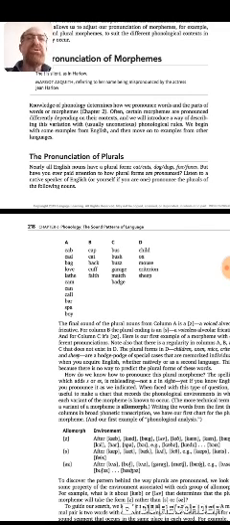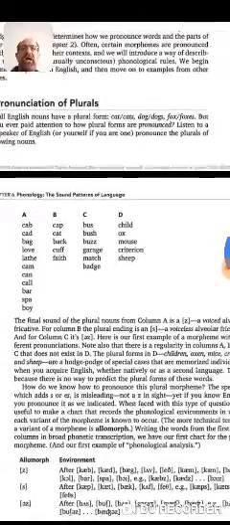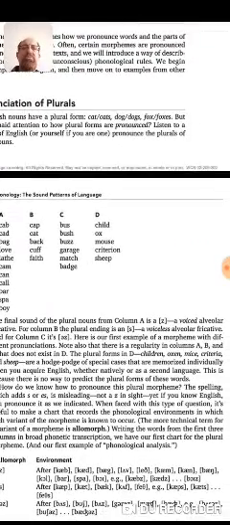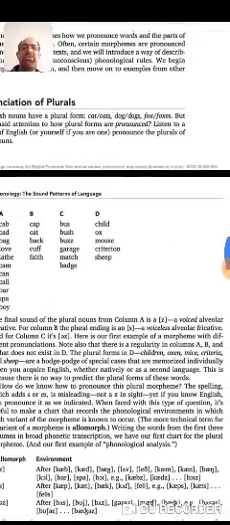Let us read it. It says, nearly all English nouns have a plural form. For example, cat, the plural is cats. Dog, the plural is dogs. And fox, the plural is foxes.